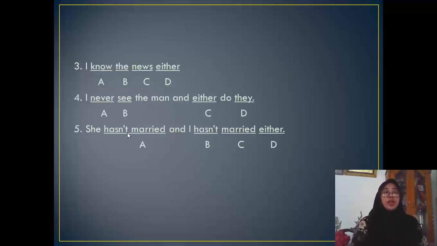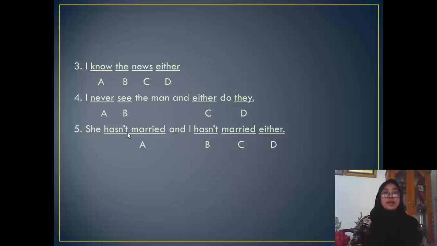Next, number 3. If you look at a question form like this, you must choose the wrong answer, not the right one. "I know the news either." What is the answer?